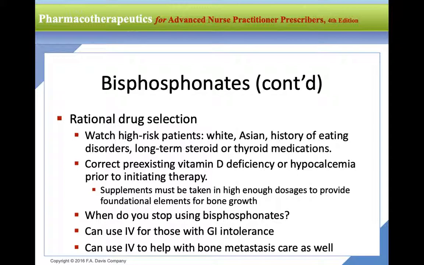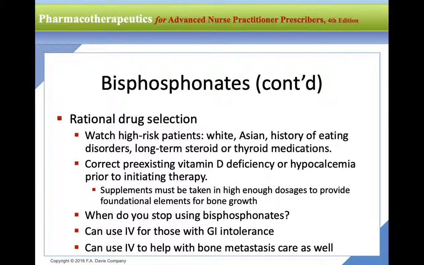Patients you want to watch closely include the elderly, patients who are white or Asian, and those with a history of eating disorders, long-term steroids, or thyroid medications. Thyroid medications themselves don't cause a decrease in bone mineral density, but excessive thyroid medication does.